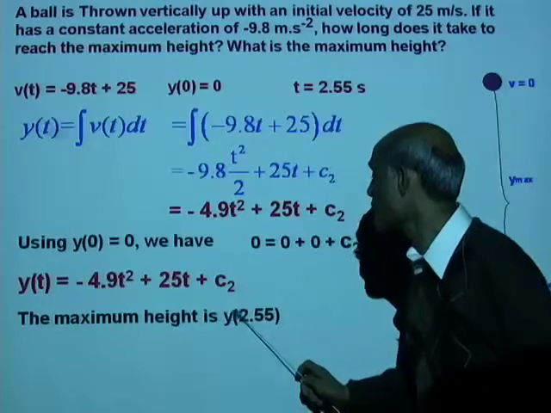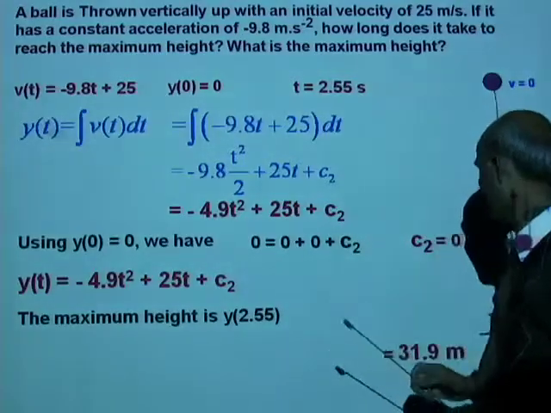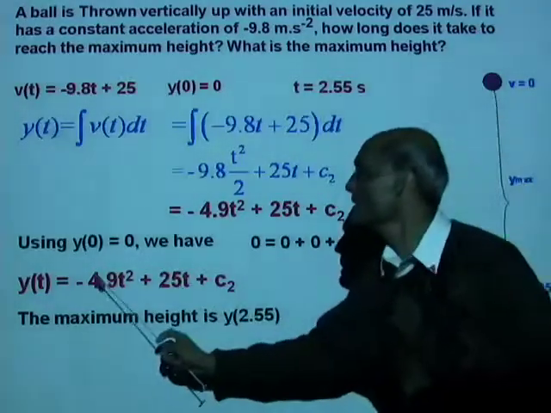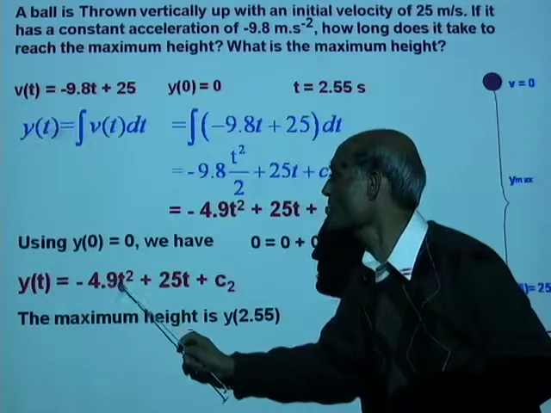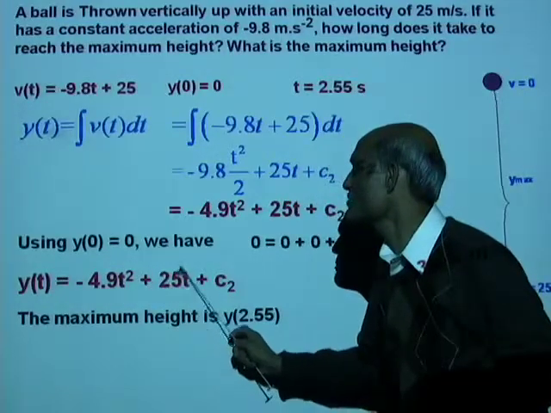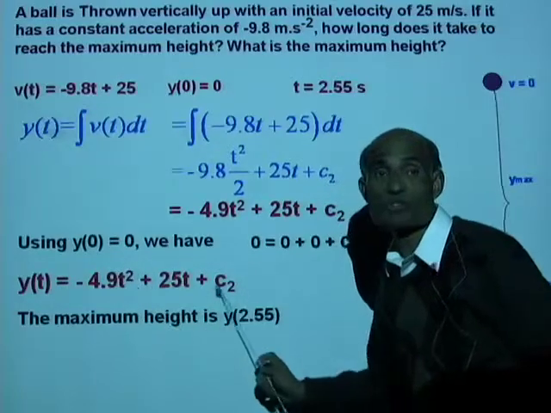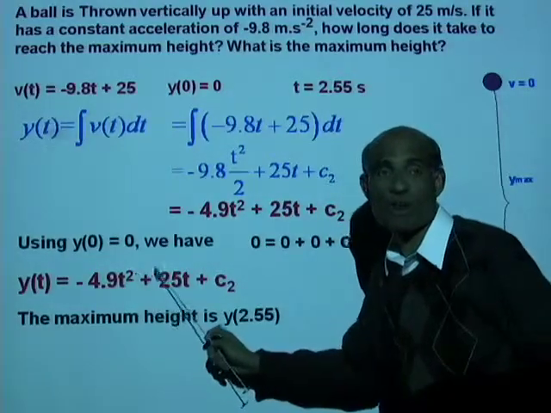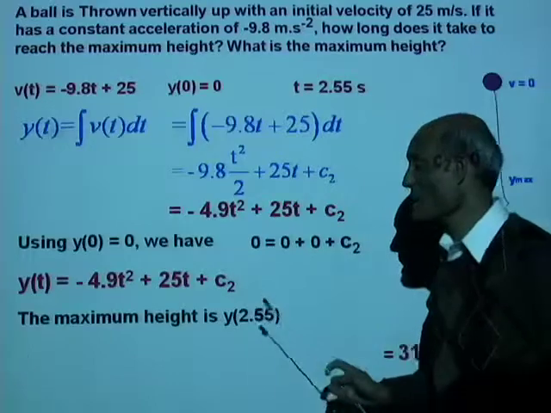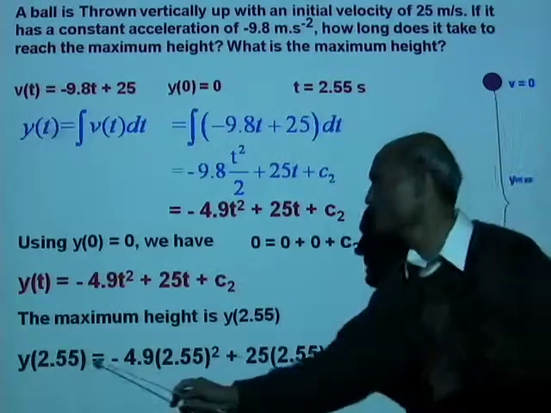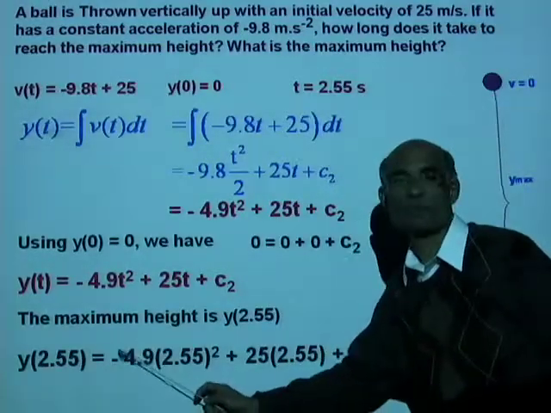Maximum height is y of 2.55, and that will be negative 4.9 times 2.55 squared plus 25 times 2.55. There I have done it for you.